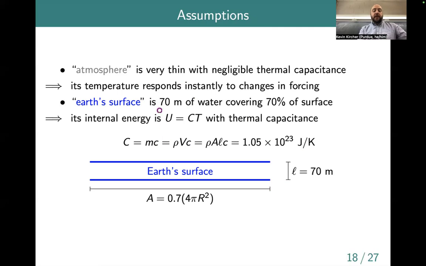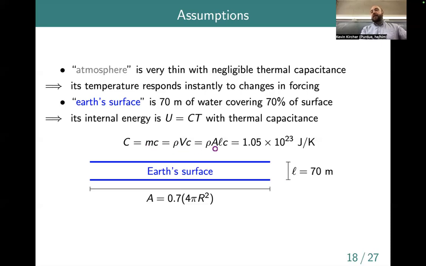And then the internal energy. For folks who have taken thermodynamics recently, the internal energy U of an incompressible substance, and water is well modeled as that, is just the capacitance C times the temperature T, where we're assuming zero energy at absolute zero temperature. And this thermal capacitance is equal to the mass times the specific heat of water. And the mass we can write as the density times the volume.